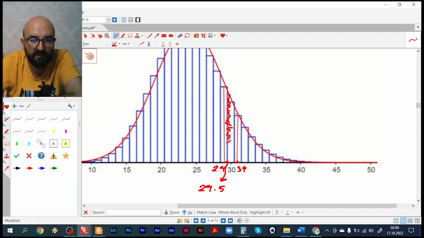But in the normal distribution curve, the rectangle bound is here.